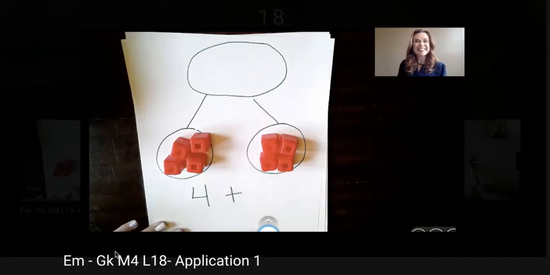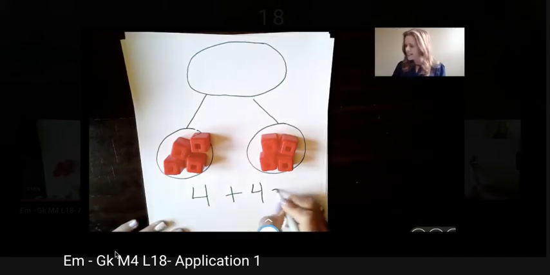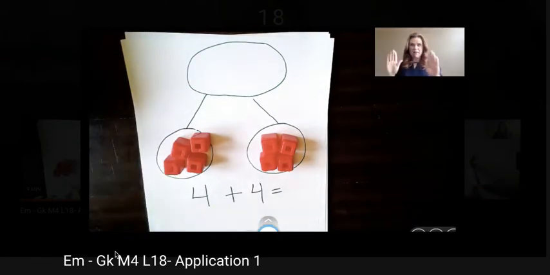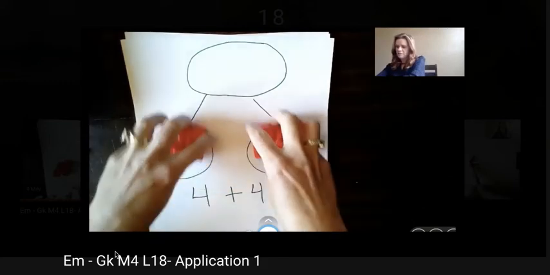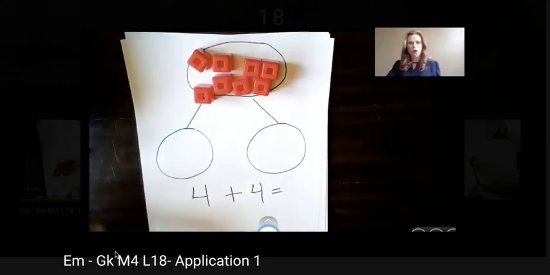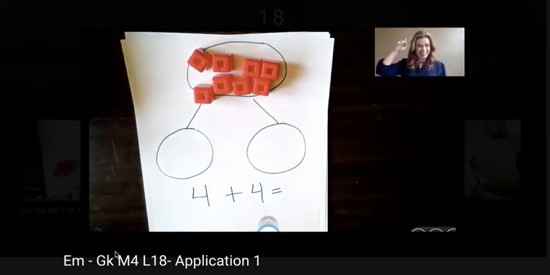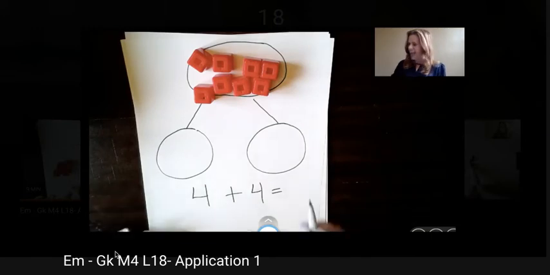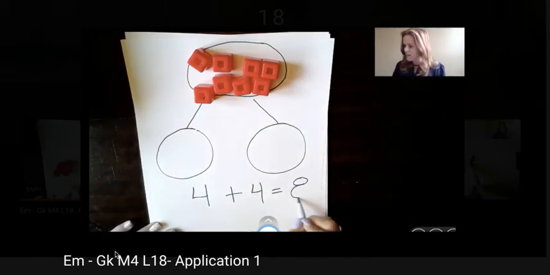Say it. 4 is the same as, and remember, we're going to put our 2 parts together to make our whole. 4 and 4 is the same as, think. Say it. 8.